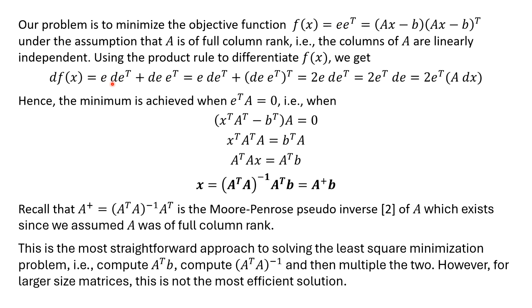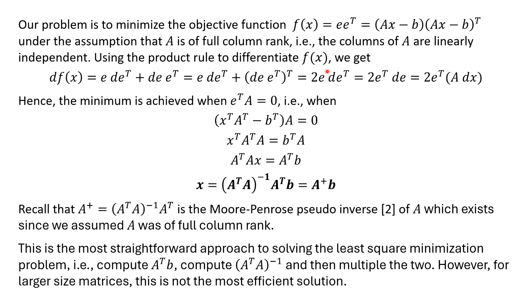So we have the first times the derivative of the second term, then the derivative of the first times the second. Now keep in mind these are scalars because you have a vector times its transpose, so you're just going to get a scalar. And with that, the implication there is that the transpose of a scalar is just itself. So we can write this as its transpose, and the transpose of this is the same as this, and we get 2 times this here.